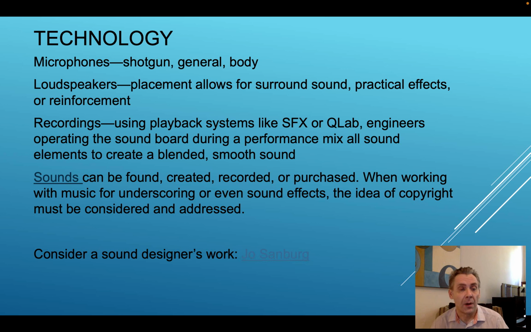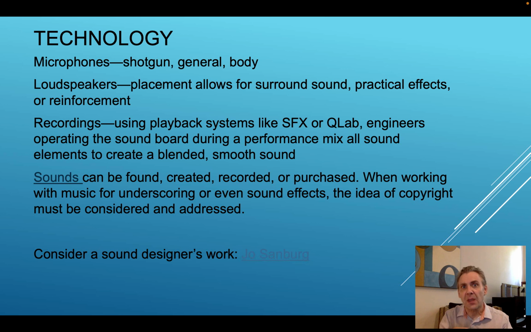Loudspeakers are placed in specific locations on the stage or over or near the audience to allow for surround sound or practical effects or reinforcement. So for example, if there's a phone ringing, instead of having that come through every single loudspeaker, a loudspeaker of some size might be placed on the set near where the actual phone prop is so that the phone ringing sound comes straight from that speaker.